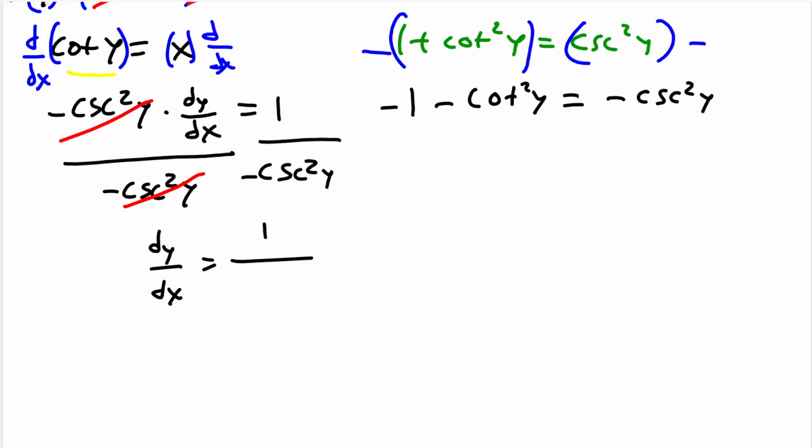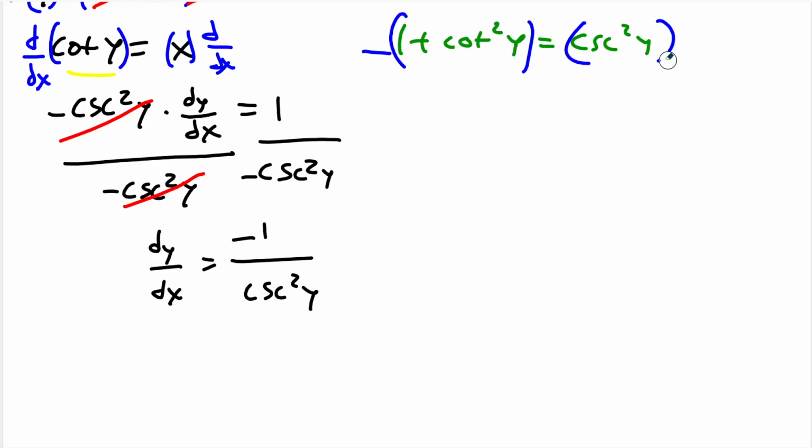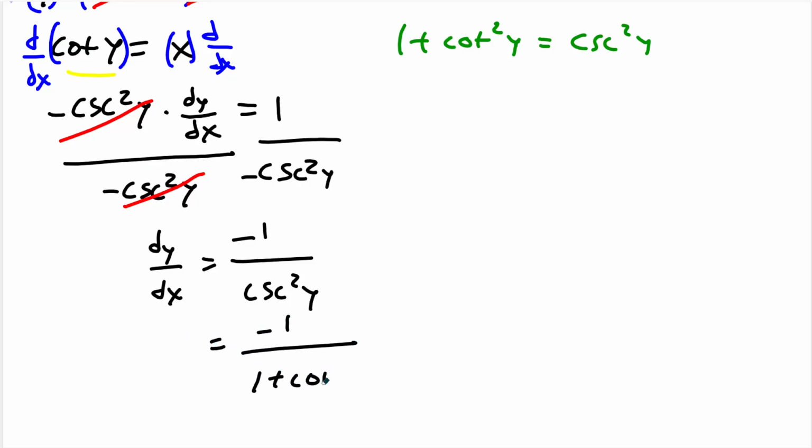I'm just going to write the negative up here. Yeah, we could just forget about this, and since it's just negative 1 over cosecant squared of y, it would be the same thing as negative 1 over 1 plus cotangent squared of y.